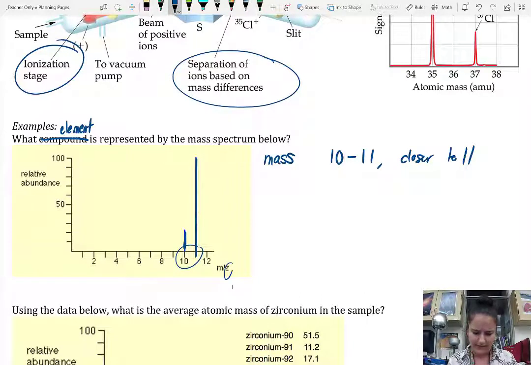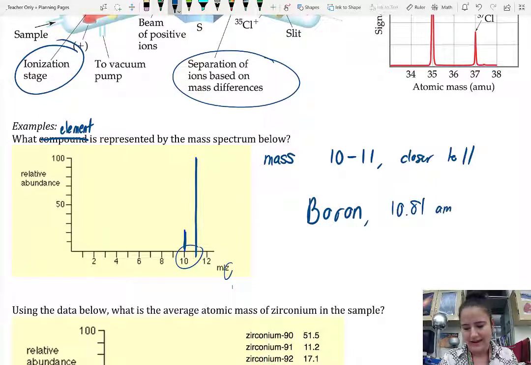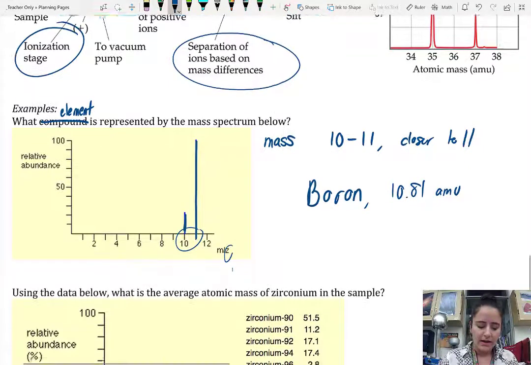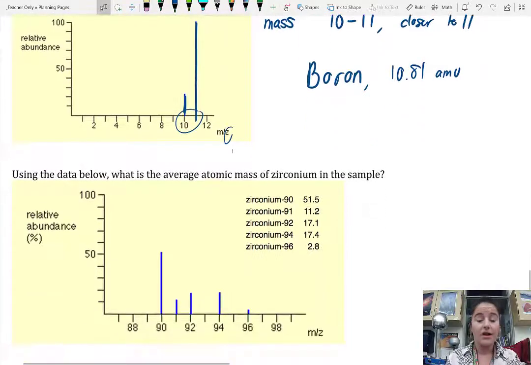It has to be in between 10 and 11. Carbon is 12, nothing above 12. So it must be boron, which has an atomic mass of 10.81 AMU. Okay, cool?